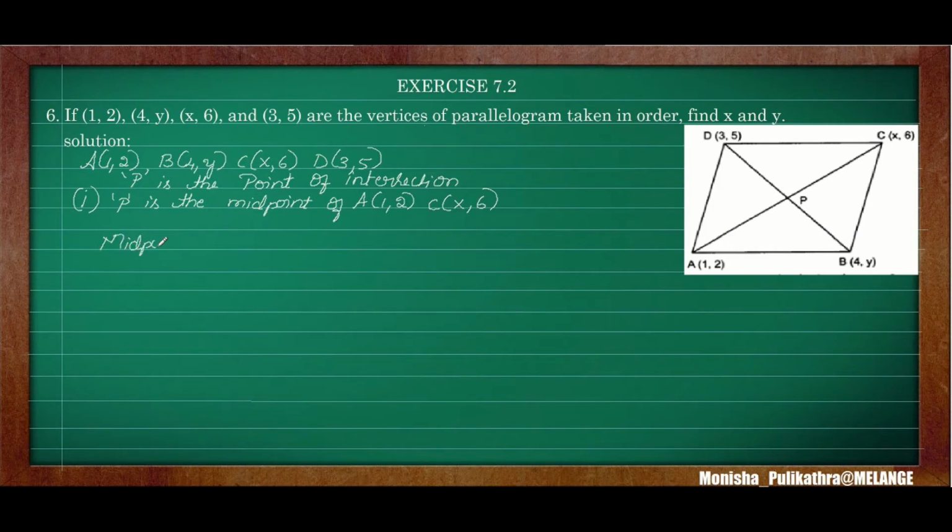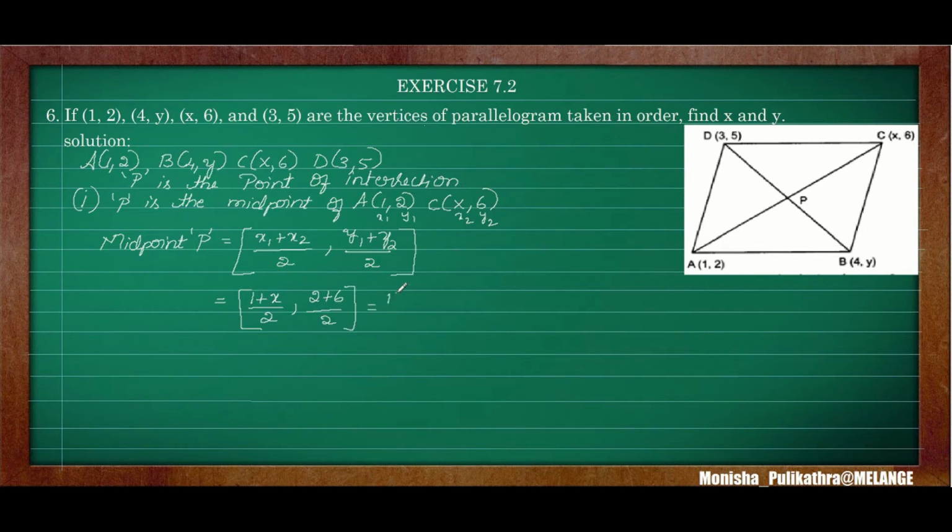So midpoint P is given by ((x1 + x2)/2, (y1 + y2)/2). Here this is x1, y1 and this is x2, y2. So x1 is 1, so (1 + x)/2, and y1 is 2 plus 6, divided by 2.